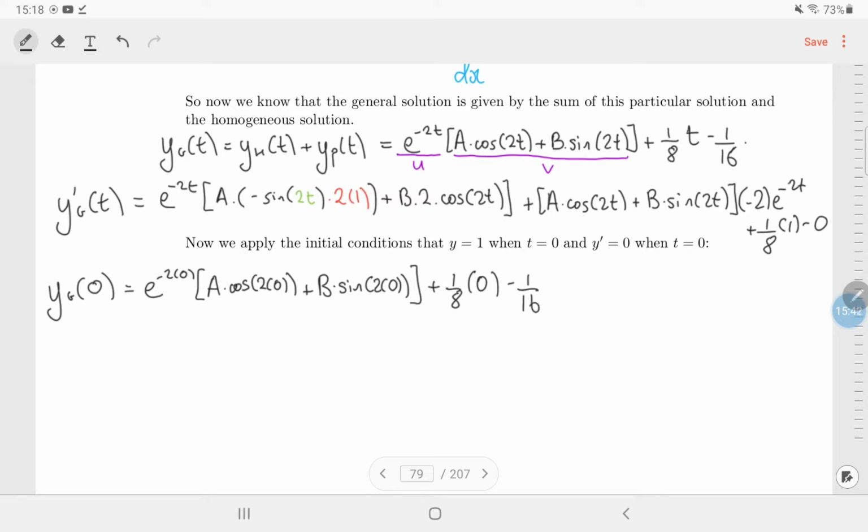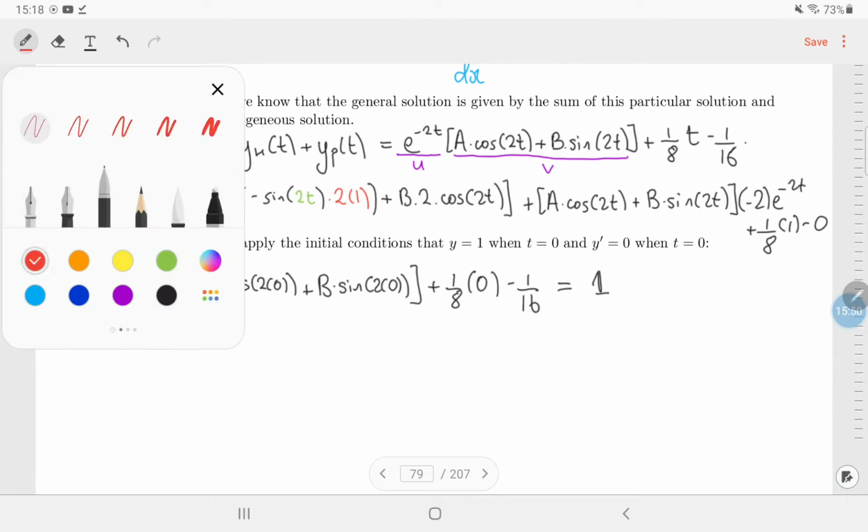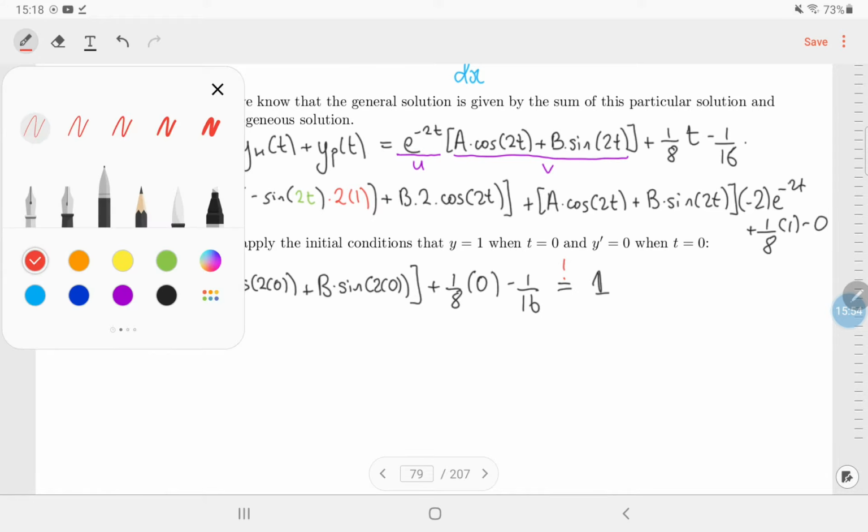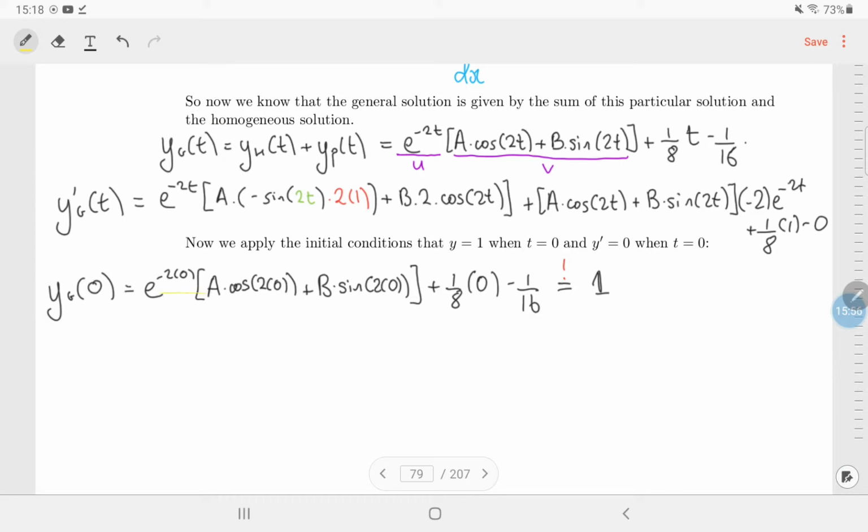I want that to equal 1. I'm not going to put all of this into the calculator, there are some obvious simplifications. Minus 2 times 0 is 0, so e to the 0 is equal to 1.